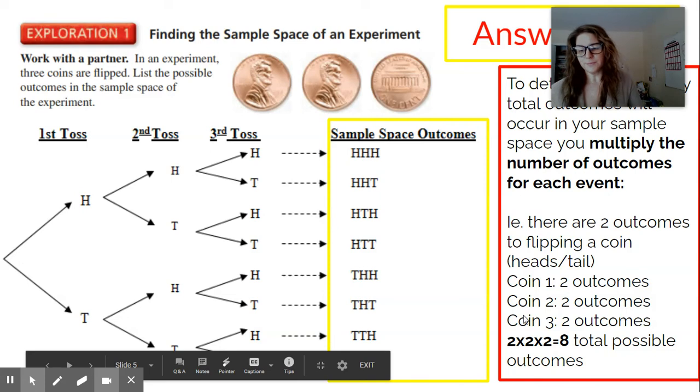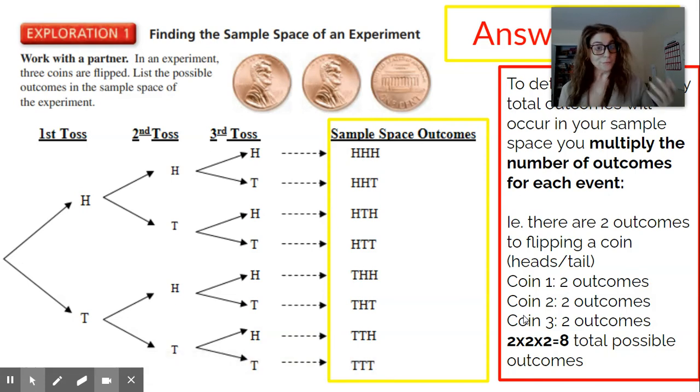Now, in order to help you determine how much sample space you should be looking for, we use this multiplicity idea. I know that coin 1 had 2, coin 2 had 2, and coin 3 also has 2. If I multiply all those together, I have a possibility of 8. That is how many would fit in my sample space, right?